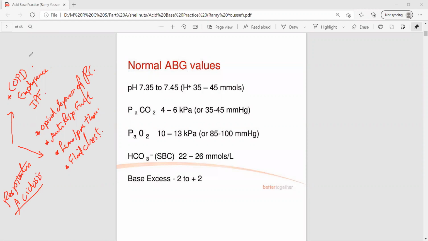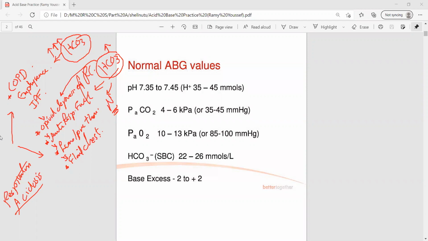What is the difference between this and this? The HCO3. Here it will be within normal. There is no time here, about 1 to 2 days before it starts to rise to compensate. So in this problem, mostly you'll find the HCO3 normal, but in this condition, HCO3 will be very high.